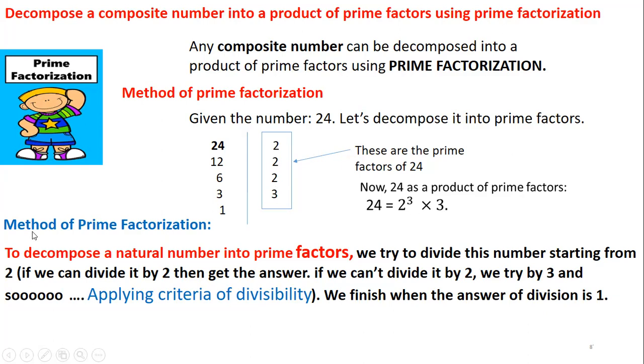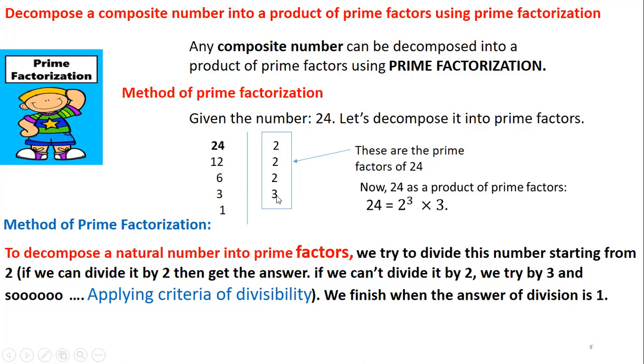So how do we apply the method of prime factorization? To decompose a natural number into prime factors, we try, maybe it's divisible, maybe it's not divisible. So I try to divide this number starting from 2. If we can divide it by 2, then we write the answer under it. If we cannot divide it by 2, we try to divide it by 3 and so on.